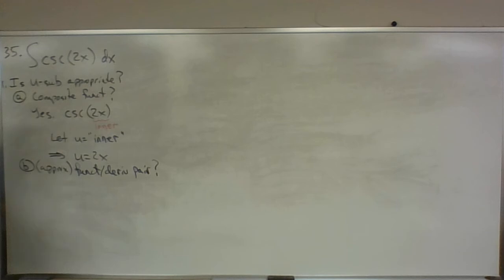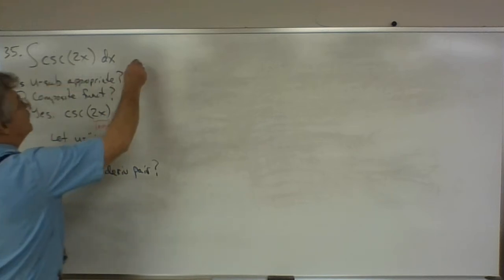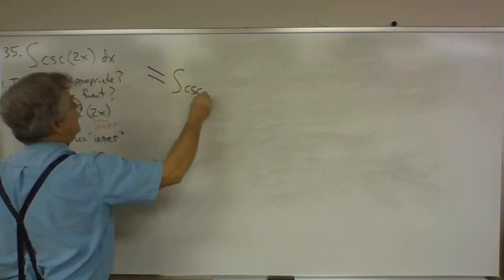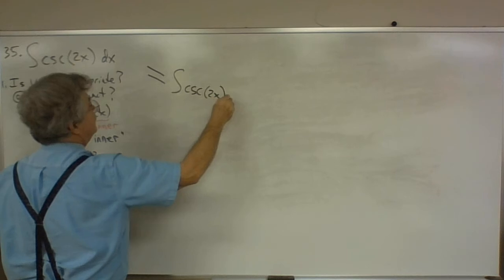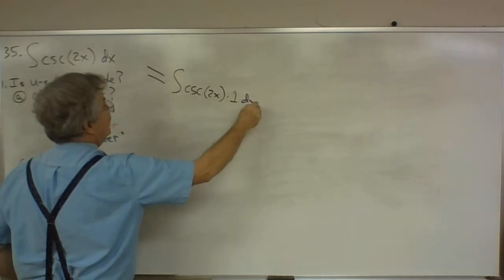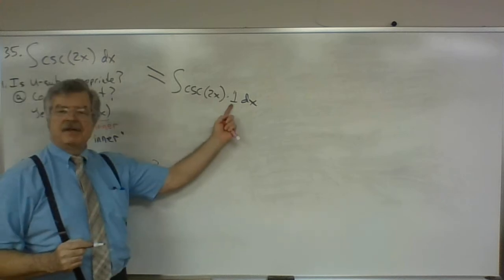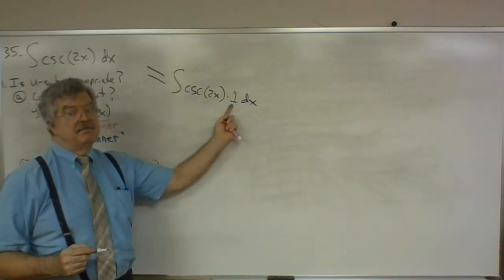You know, it seems like we're seeing a lot of these kinds of exercises in the homework. Doesn't look like there's a function derivative pair at first, but this thing is cosecant of 2x times 1 dx. And this is going to be our derivative.